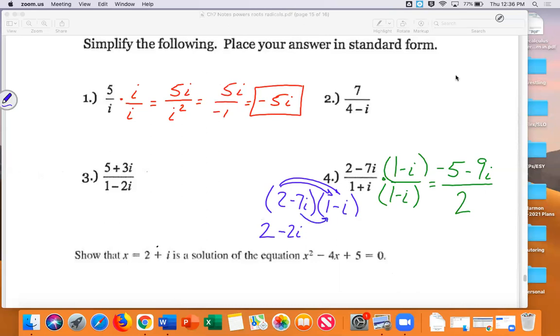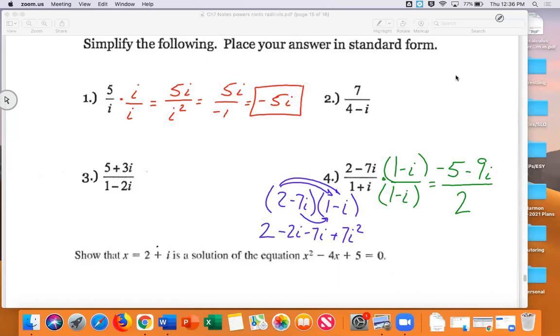Negative 7i times 1, negative 7i. That looks good for my answer because that's going to come out to be negative 9i. And then here's going to be plus 7i squared. i squared is negative 1, so it's going to be 2 minus 7, which is negative 5.